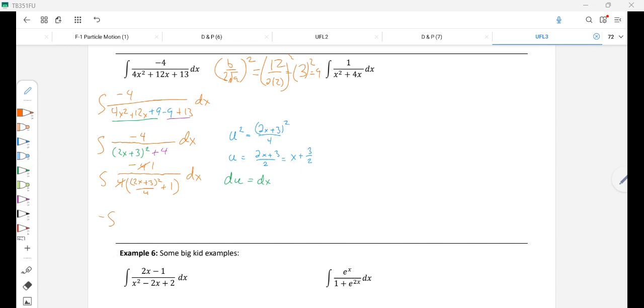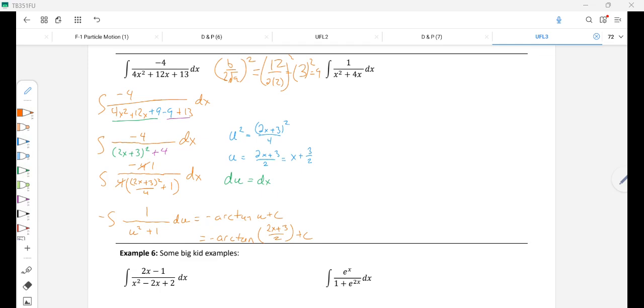There is a negative out front. 1 over u squared plus 1 du. Which is the negative arctan of u plus c, which is the negative arctan of 2x plus 3 over 2 plus c.